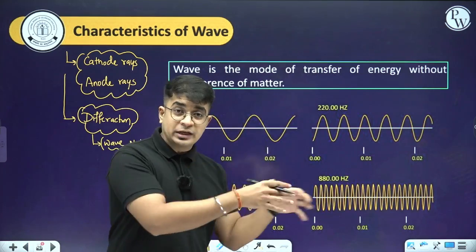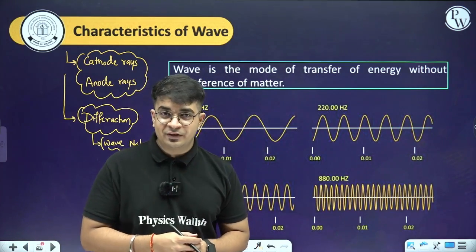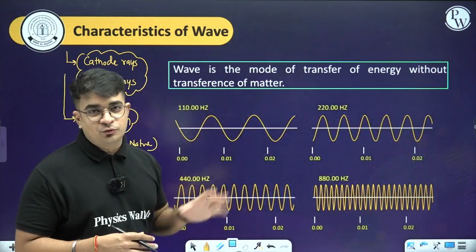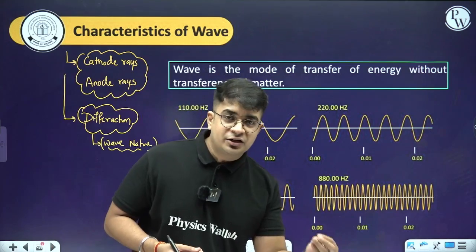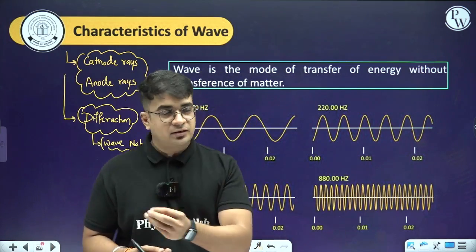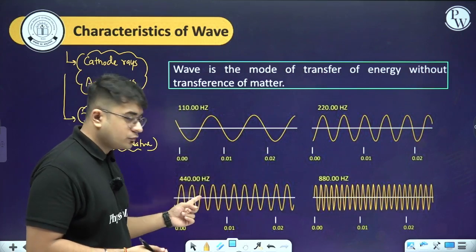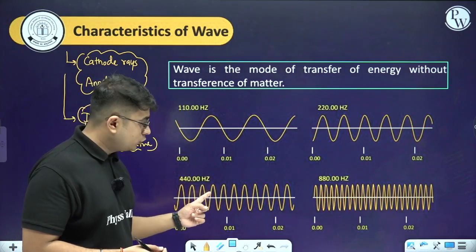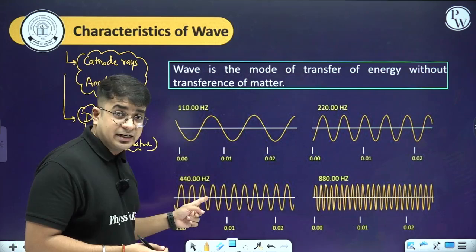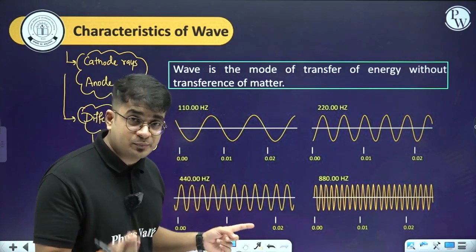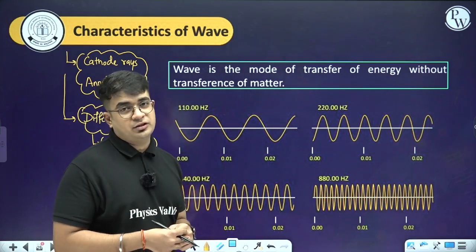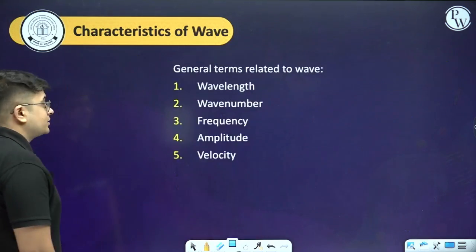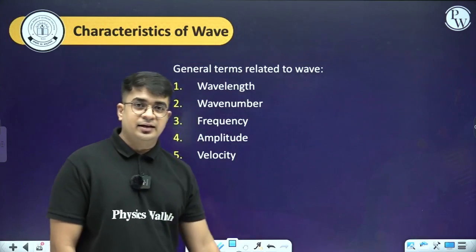I'm not going to go deep into the idea of a wave. For chemistry, we just need to understand the basic characteristics of a wave, and how you can differentiate one wave from another. You can see there are 4 types of waves I am showing you, but these 4 waves are entirely different from each other. In what respect can we say that these waves are different? For that, we need to understand some basic characteristics related to waves.